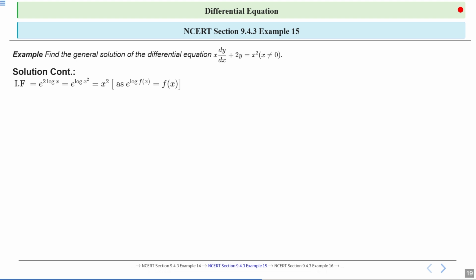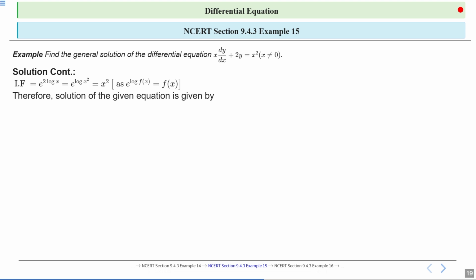So we get e to the power log x square, by the property of logarithms, that 2 log x can be written as log x square. And whenever we have e to the power log f(x), we get f(x). So e to the power log x square becomes x square.